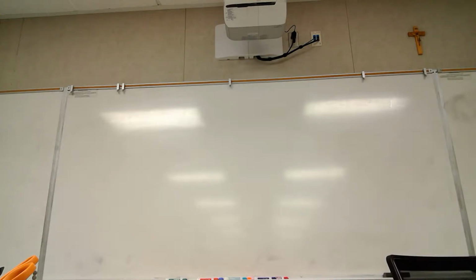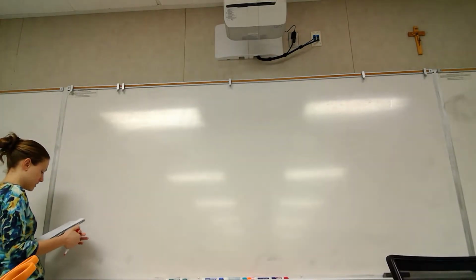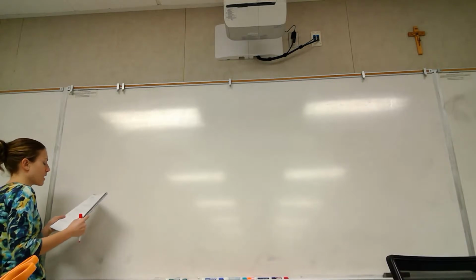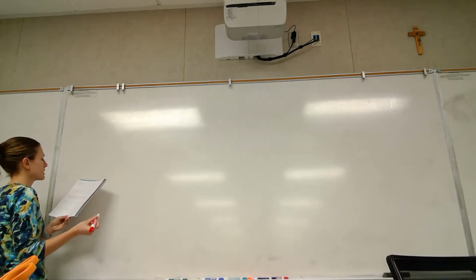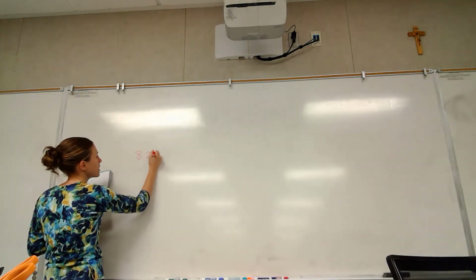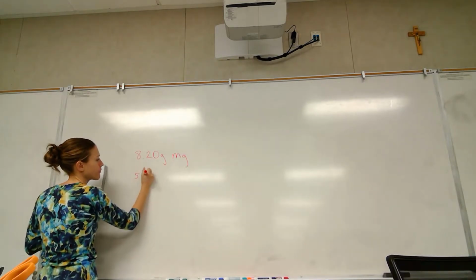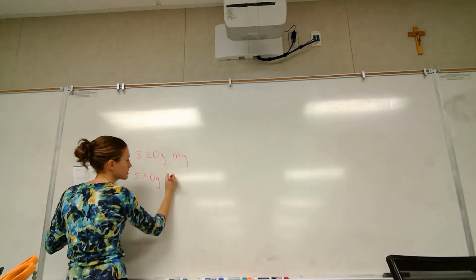It says an 8.20 gram piece of magnesium combines completely with a 5.40 gram sample of oxygen. What is the percent composition of magnesium? What is the percent composition of oxygen? So I have 8.20 grams of magnesium and 5.40 grams of oxygen.